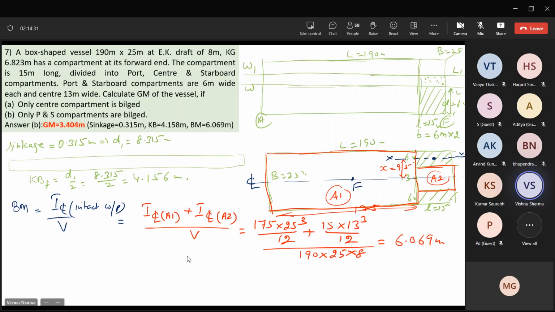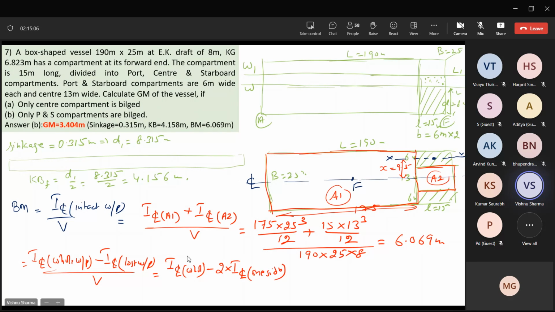Now, beta, it will be equal to ICL of the whole water plane minus ICL of the lost water plane, divided by volume of displacement. This will be equal to ICL of the whole minus 2 into ICL of one side tank, one side area, upon volume.